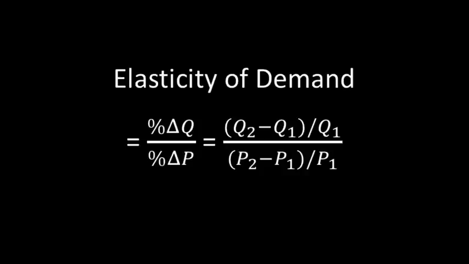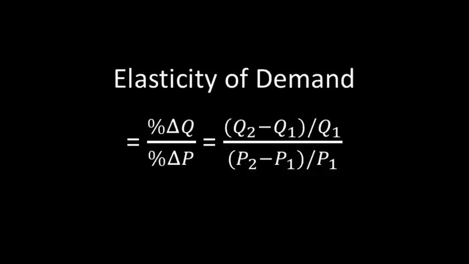Okay, one thing to note about the sign of the elasticity of demand, if the demand curve slopes down, that means anytime the price goes up, quantity goes down, and in reverse. Anytime price goes down, quantity goes up. So because price and quantity are the numerator and the denominator, that means the numerator and the denominator are always going to have opposite signs.